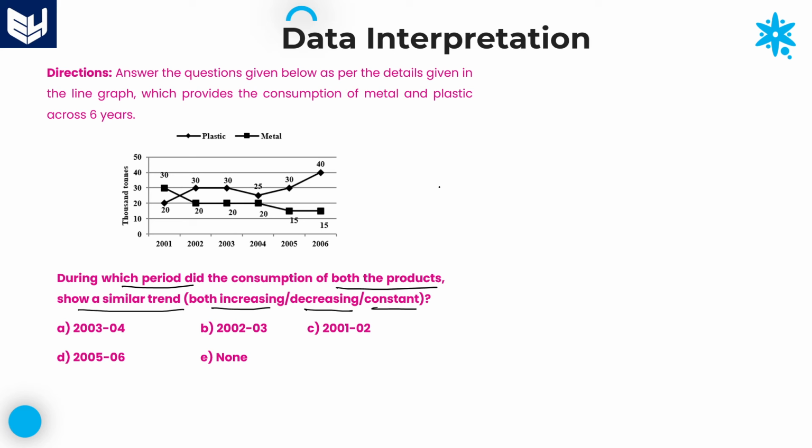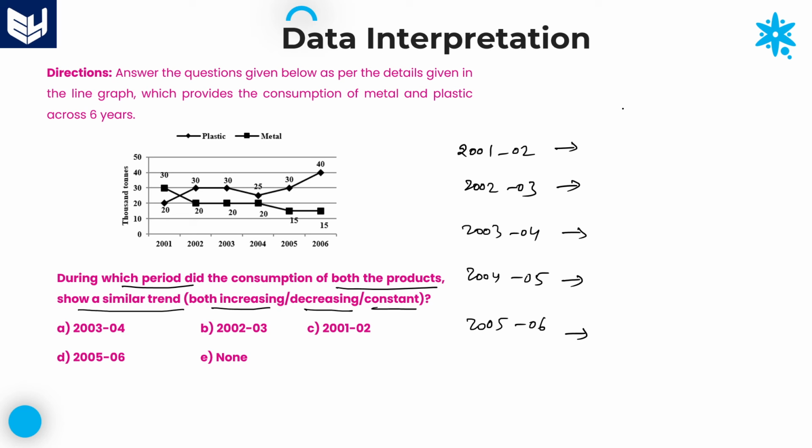First we'll start with 2001 and 2002, next 2002 and 2003, next 2003 and 2004, next 2004 and 2005, after that 2005 and 2006. We need to check each and every year, right? First, 2001 to 2002, metal and plastic.